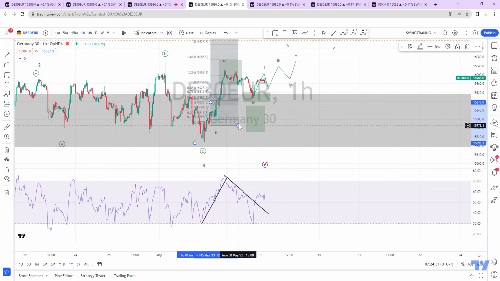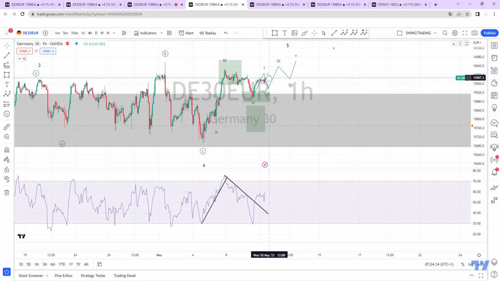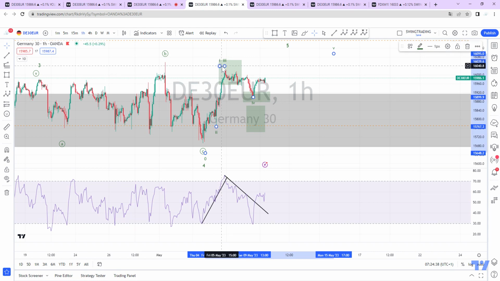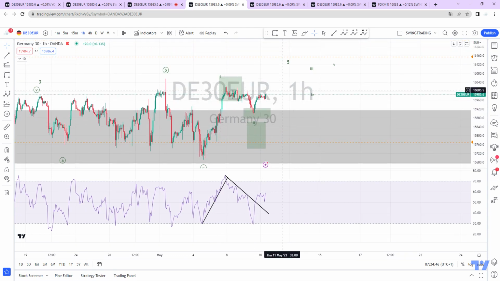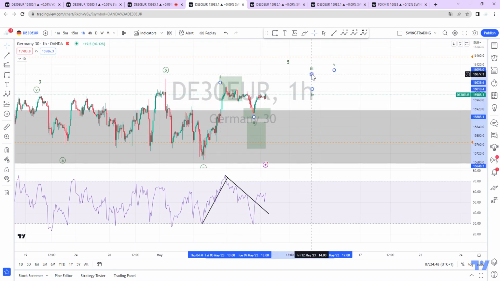I should also highlight this: maybe it can look like this, that this here was only the 1, that we have a very shallow wave 2, and then as a response to very favorable inflation data, we just shoot higher in a wave 3. And of course, you don't want to short a wave 3. You never short a wave 3.